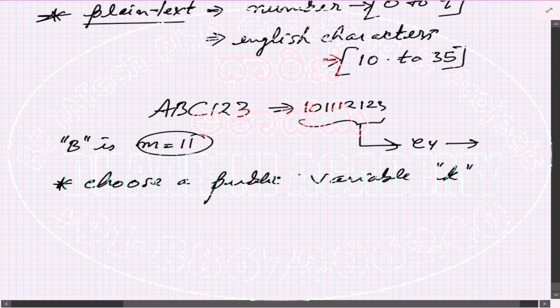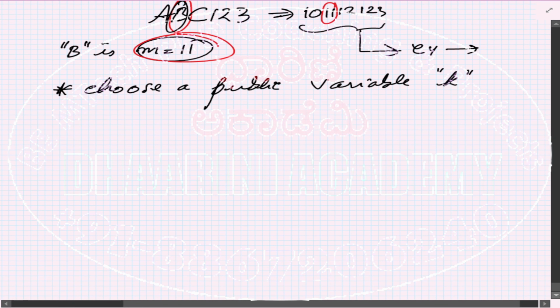This m is what I'm going to use in the next step, so don't get confused about what m is. I think I missed this point previously. So this B that you see here is encoded as 11. So this is my M, and its value is 11.